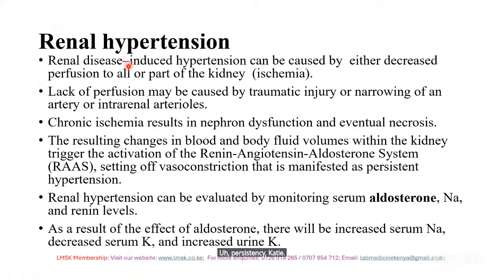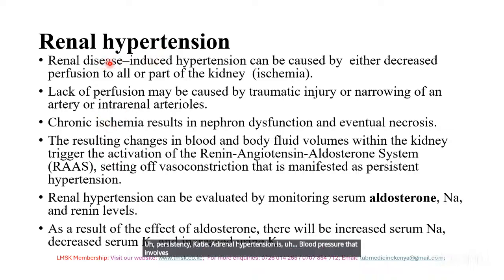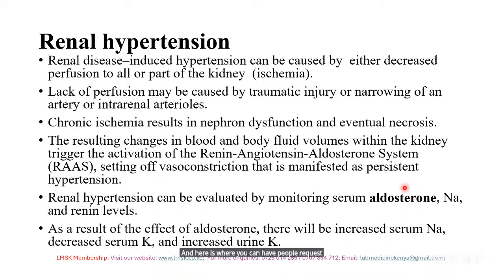Renal hypertension is blood pressure that involves the kidney. And here is where you can have people requesting such things as aldosterone levels to assess the functionality of the kidney in water balance. And we can also have people requesting renin levels to assess the functionality of the RAS system, which is a very powerful vasoconstrictor, and it leads to renal hypertension.